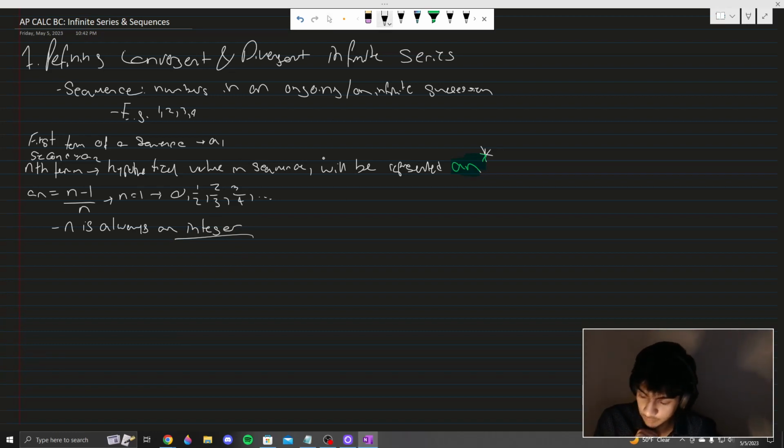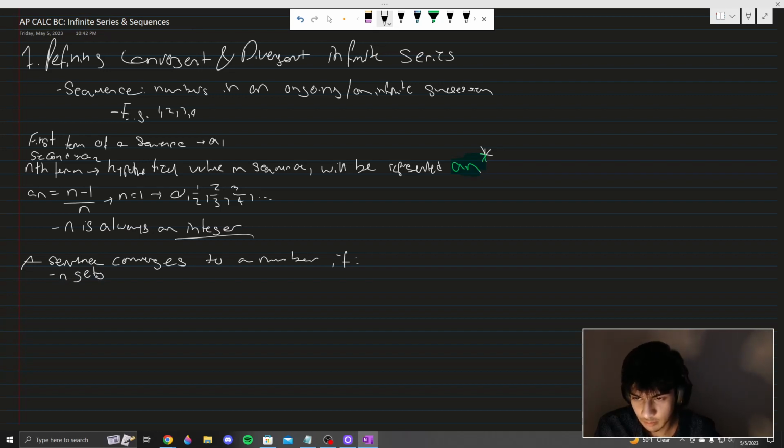Now, a sequence converges to a number if, and these are our conditions, our first condition is if as n gets bigger in value, the terms get closer, or in quotes, "cap off" at a value.